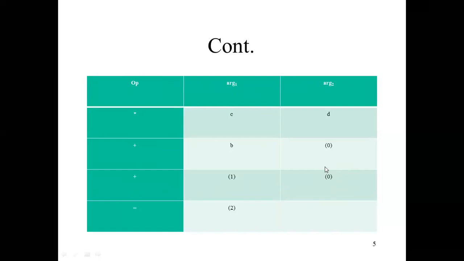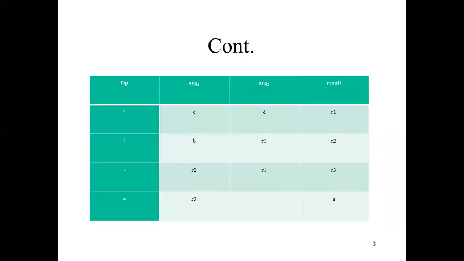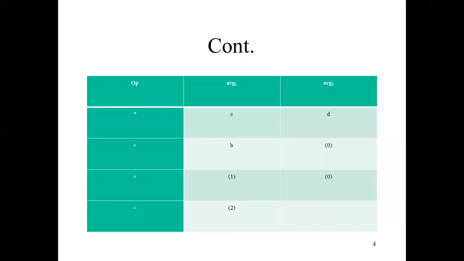We are just replacing with line number 0 and 1. So in place of R we will write 0, and in place of R we can write 1. Line number 0, line number 1, and this is the line number, so here we will write 2. So this is the way.